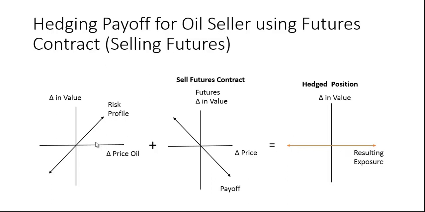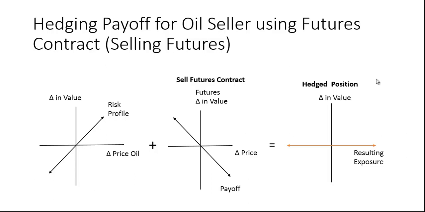Of course, if the price goes up and you make money here, you lose money in this position. So you get this horizontal line, which essentially says there's no risk. If price goes up, there's no change in value. If price goes down, there's no change in value. You've essentially locked in your position.